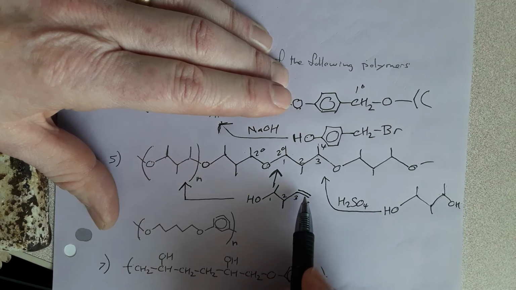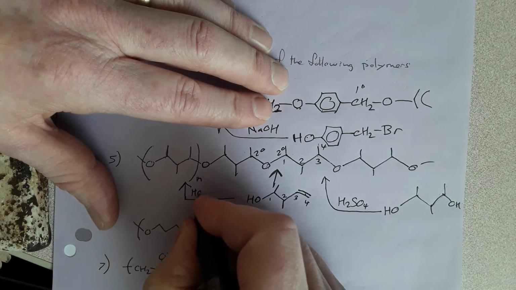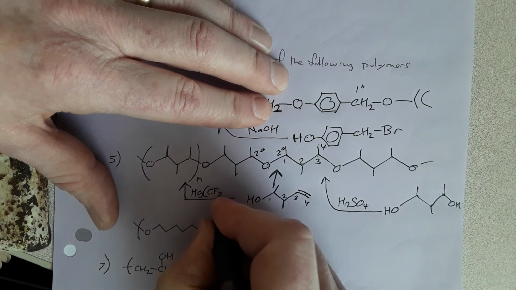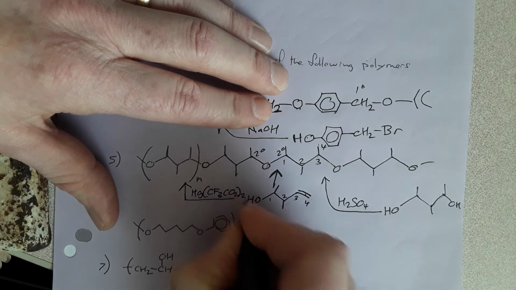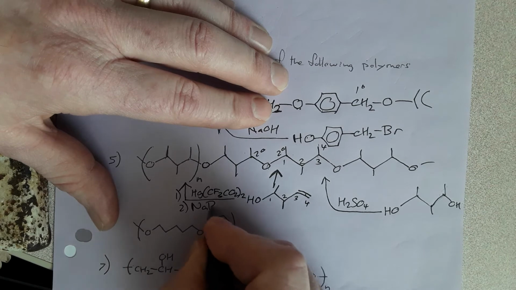So we already have the alkene together with the alcohol because they're attached to the same molecule. Then we would just have to add our mercury trifluoroacetate in step number 1, and then step number 2, the sodium borohydride.